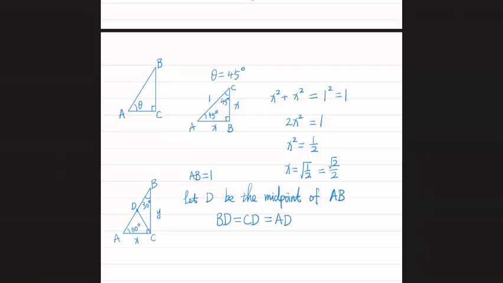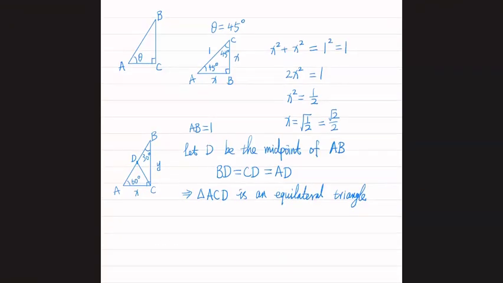Okay. In particular, ACD is an equilateral triangle. Therefore, XAC, which is CD, is half of AB.